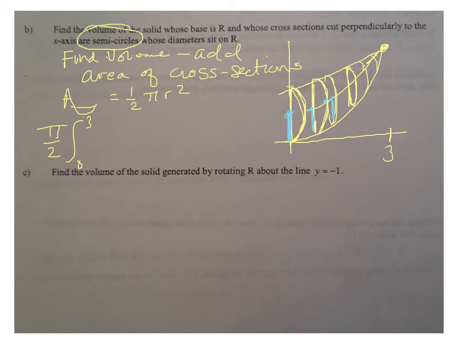So how do I recognize my radius? My radius squared is going to be half of the... oops, sorry, the line is the higher one. So x plus 6 minus x squared, and I have to have my radius squared, so that whole term is squared dx.